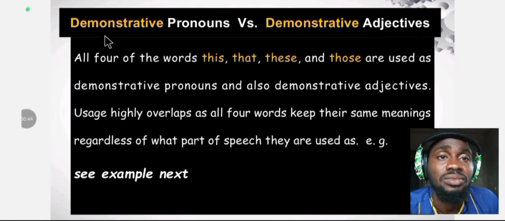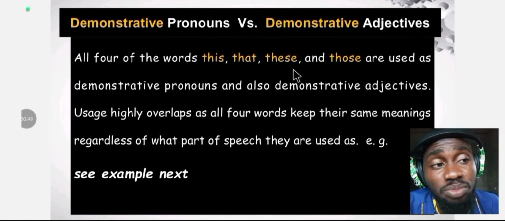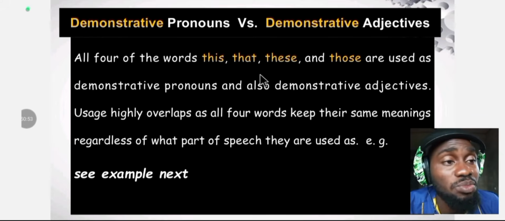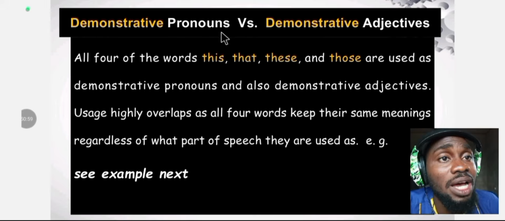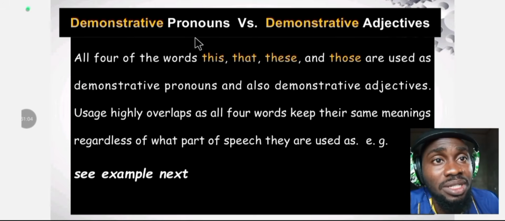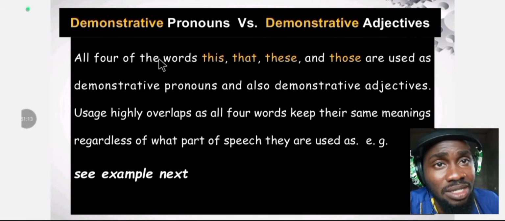Moving on. Demonstrative pronouns versus demonstrative adjectives. Just the same thing I explained about sharing parts of speech, when you find one word in different parts of speech. They are the same words, but they can be regarded as demonstrative pronouns and also as demonstrative adjectives, depending on the way they are used in a sentence.